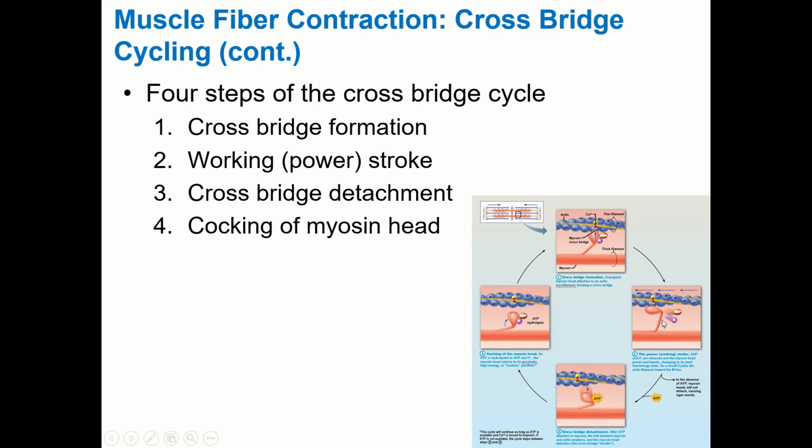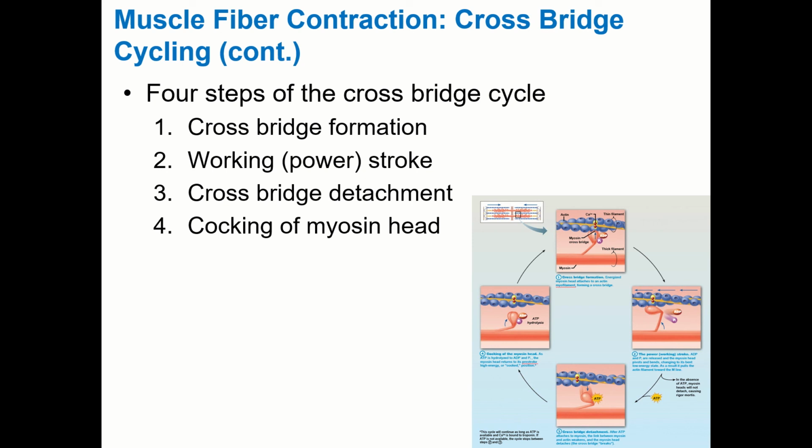After myosin has pulled actin toward the midline, we have to attach a new ATP molecule to get myosin to detach from actin. Then we're going to split that ATP, break that bond I just talked about, and give off that free energy. The energy given off when we break down that last phosphate bond is ATP hydrolysis. We use an enzyme called myosin ATPase, which is on the myosin heads.